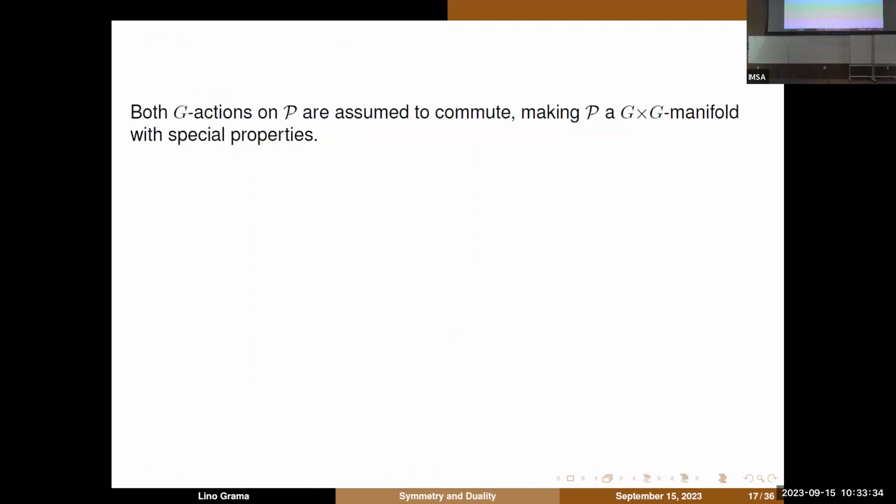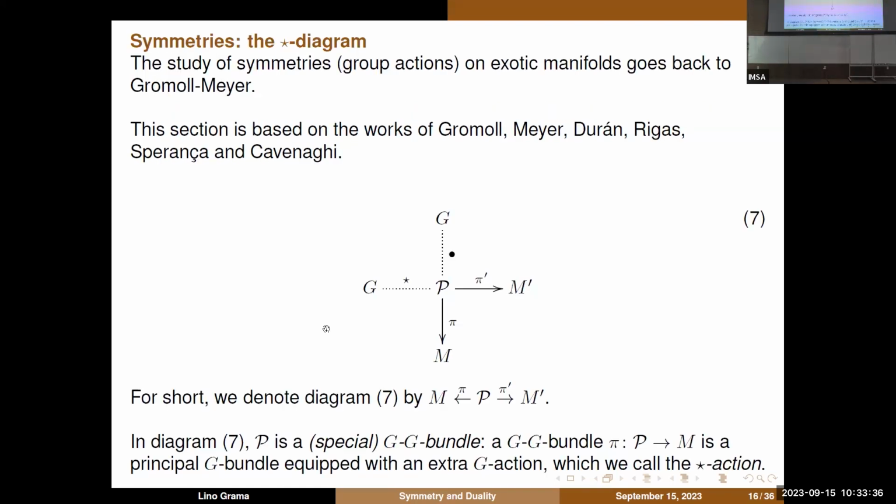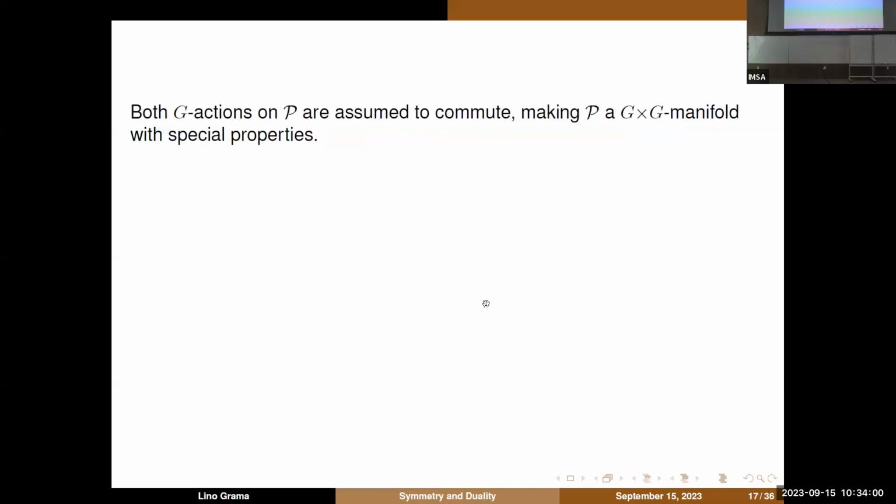I will put this more carefully. The main ingredient will be this diagram here, P. We have two projections and the two actions, dot and star. Then, to simplify, we put this notation. This is what we call the GG bundle, and we assume that both actions commute.